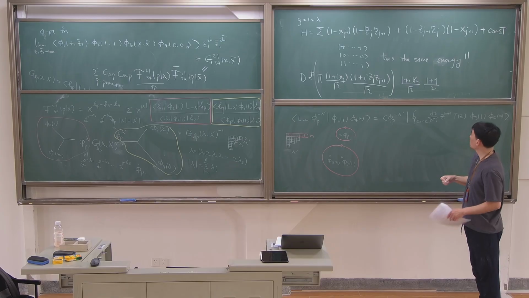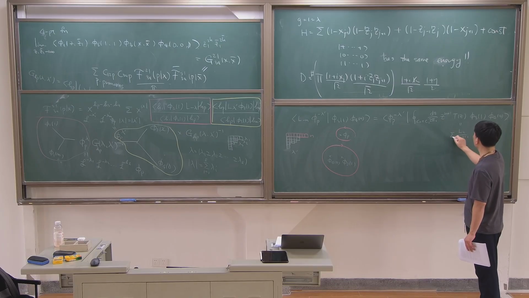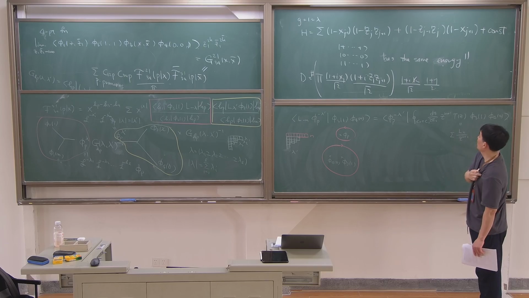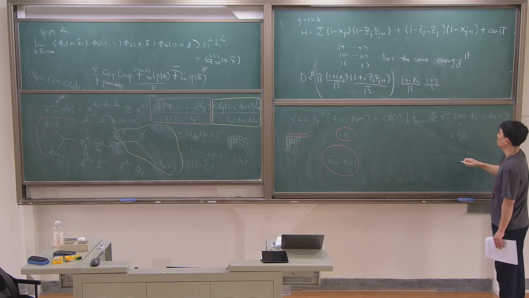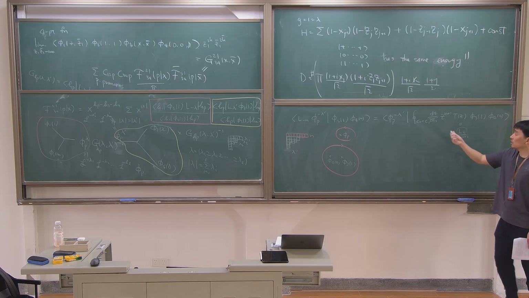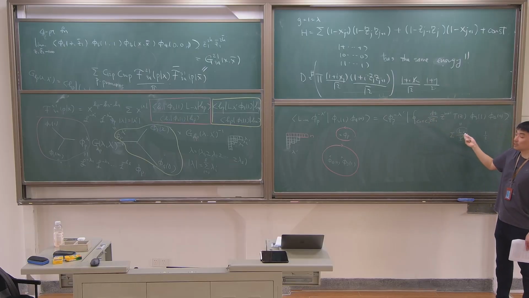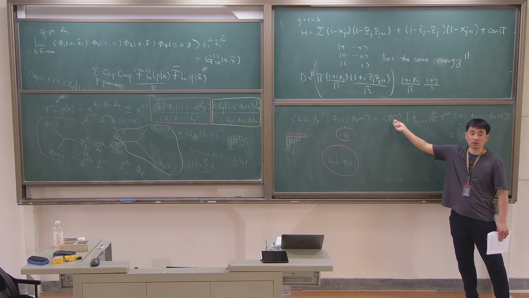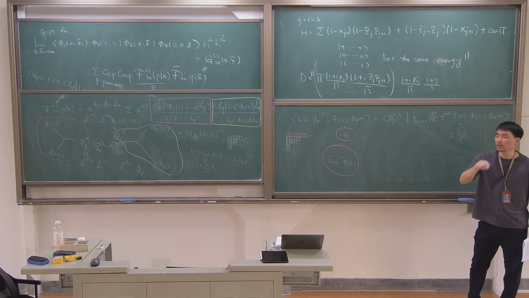Let me think. T of z is again the sum of Ln over z to the n plus 2. So to get the Ln action on here, to the left, we just need to multiply z to the n plus 1 and pick out Ln. Z to the n plus 1 cancels, you get 1 over z, and if you integrate over infinity, you get the Ln action at infinity. You have to be careful about how you do the integration.